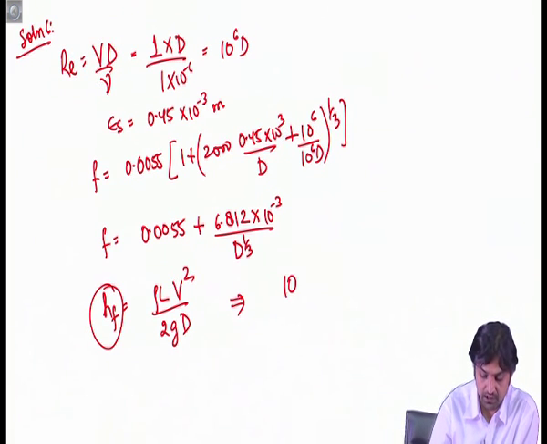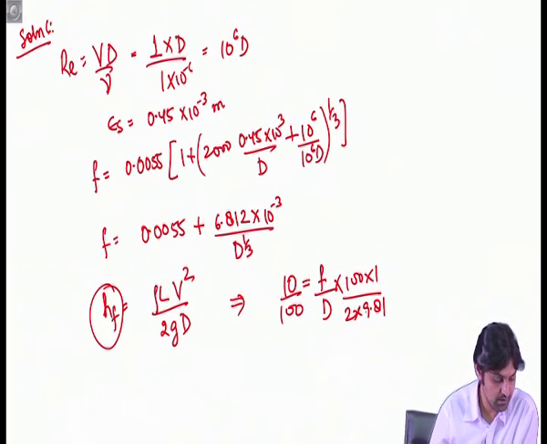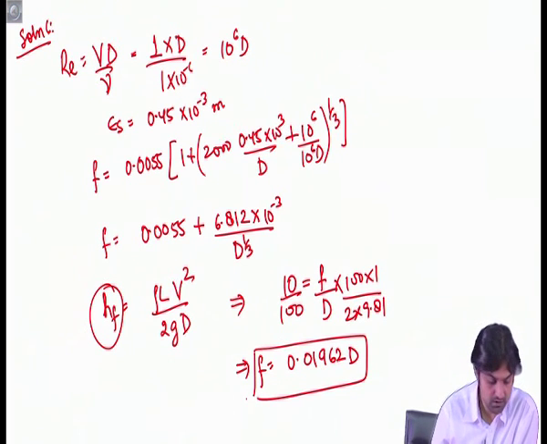So we can write 10 by 100 is equal to f by d into 100 into 1 divided by 2 into 9.81. This will give us f is equal to 0.01962 d. All right. So we have two equations of F.